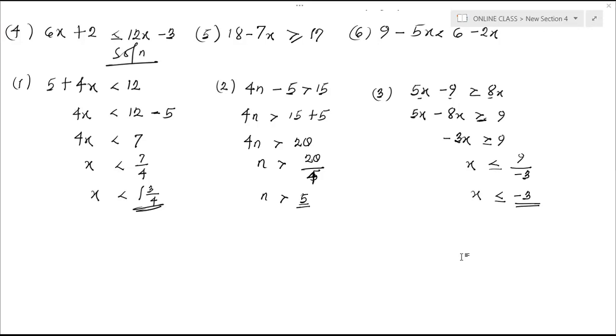But in this case, you have 1 over 7 greater than or equal to x. So when you change it, it will become x is less than or equal to 1 over 7. Is that okay? Yes. Go to number 6.